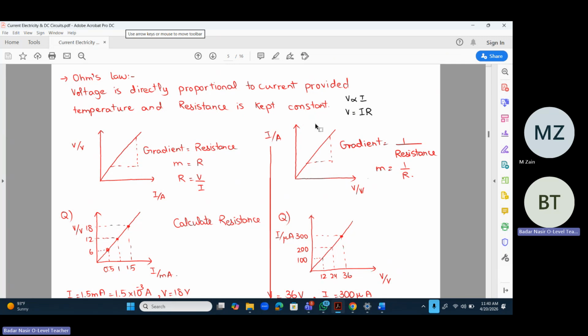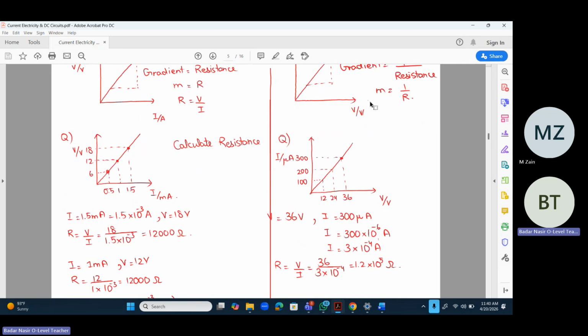The gradient of a voltage against current gives us the value of resistance, or you can use the formula R is equal to V over I to find out the resistance. Current against the voltage, the gradient is equal to the reciprocal of resistance.